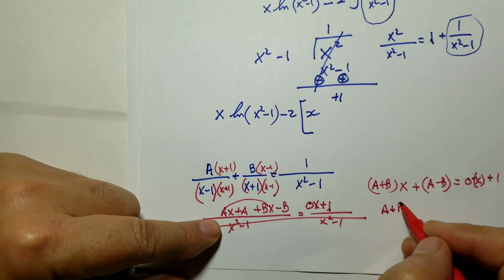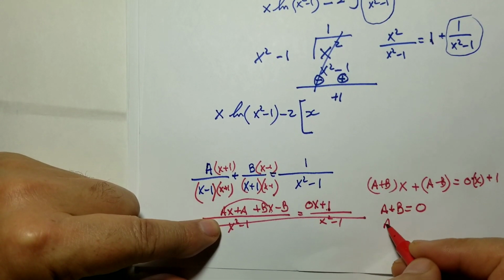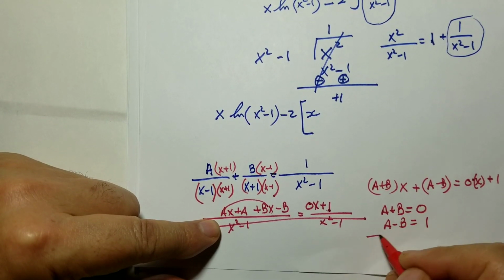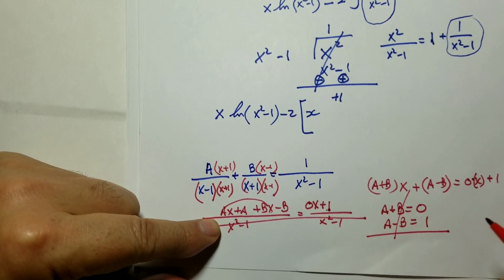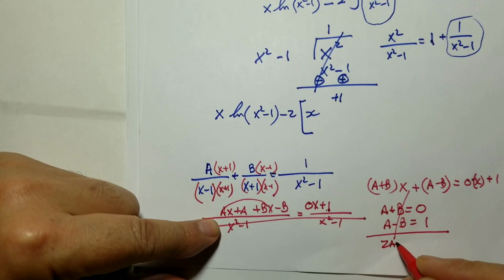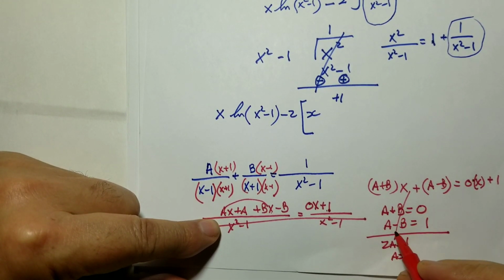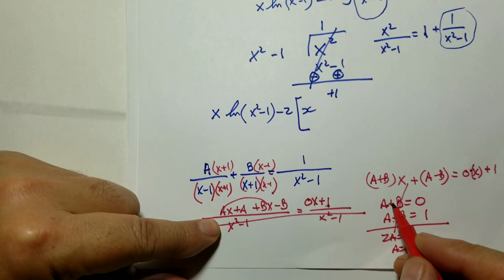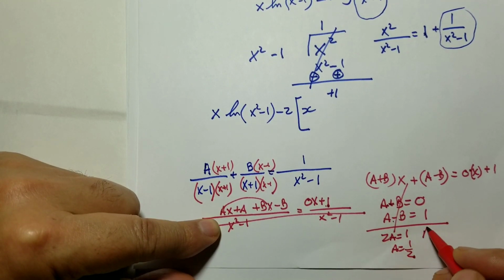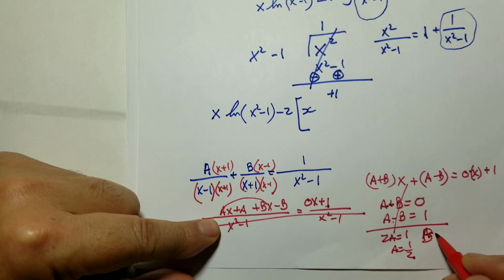Then A plus B should be 0. A minus B should be 1. This is a system of equations. I add them together. 2A is 1. A is 1/2. If A is 1/2, A should become equal to negative B, and B is negative 1/2.